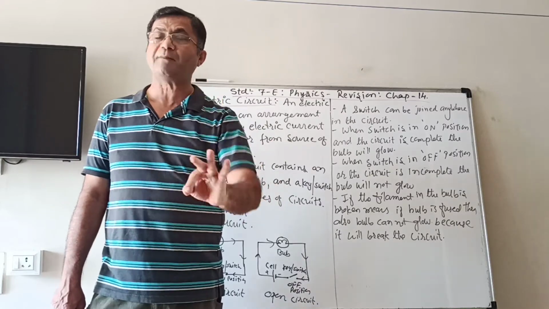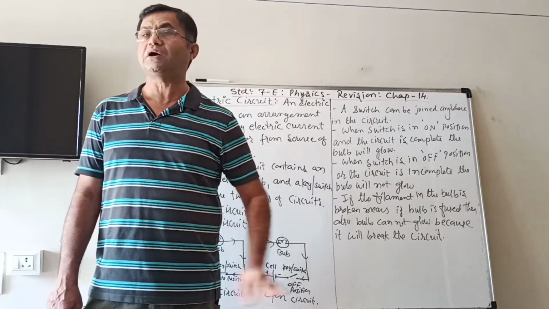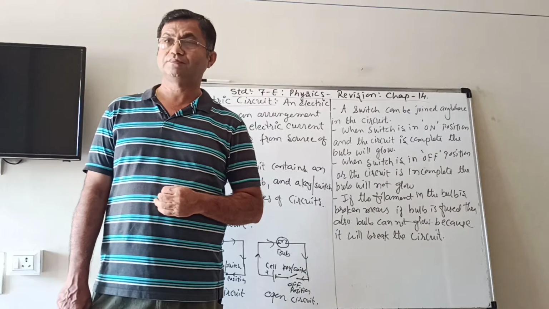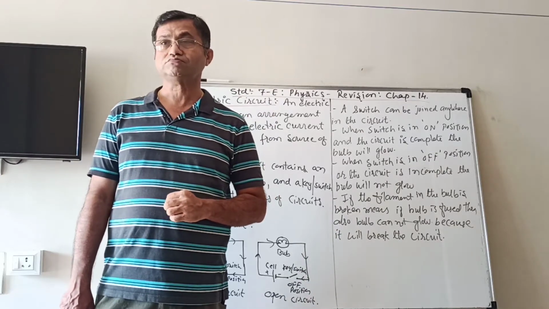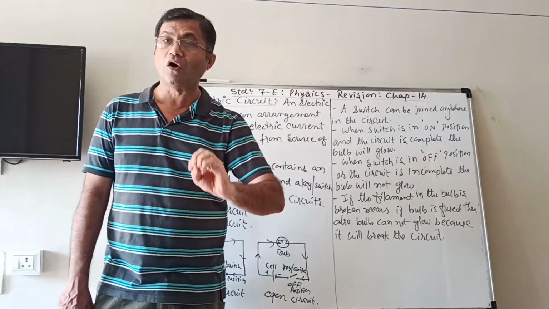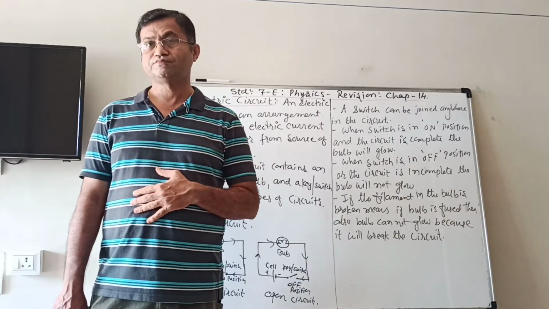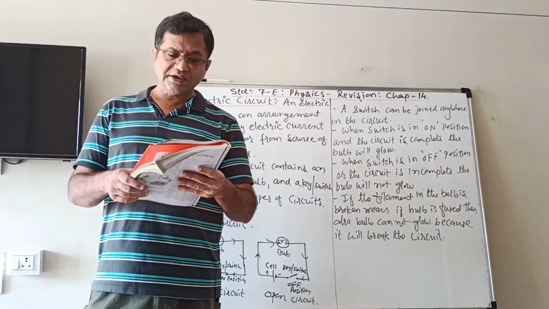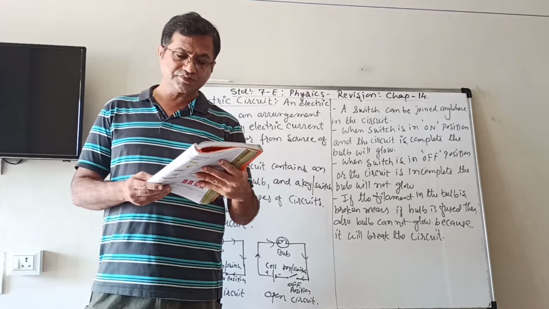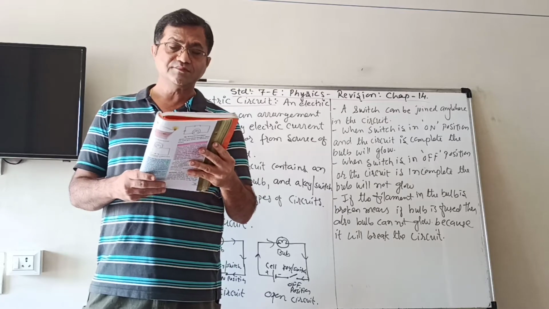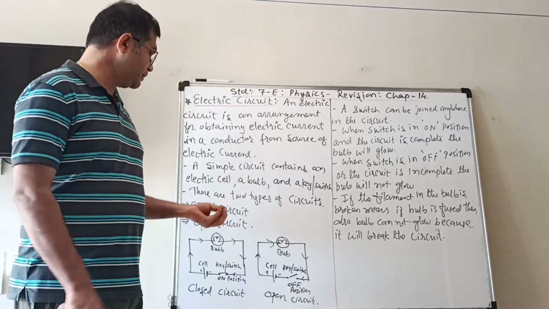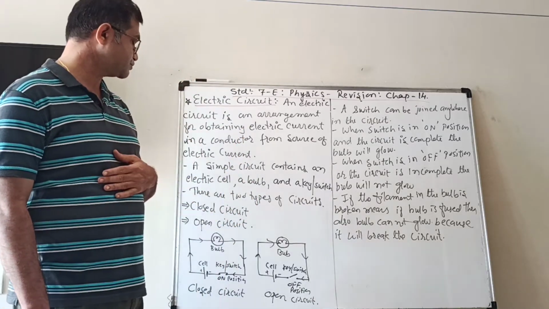There is no gap anywhere in the circuit. Then it is known as a closed circuit. Then we can easily get the current through the cell and the bulb will glow.